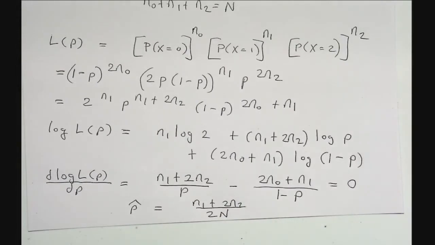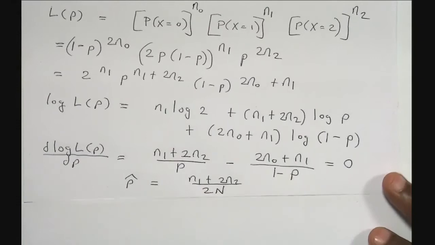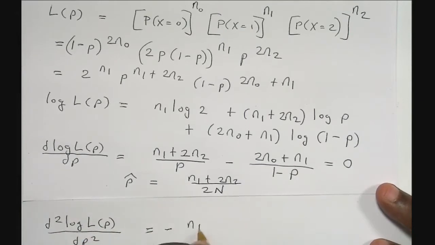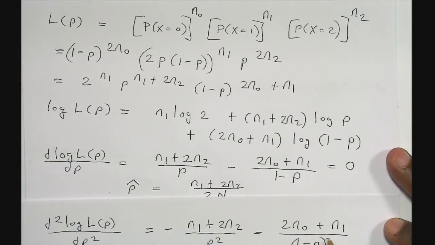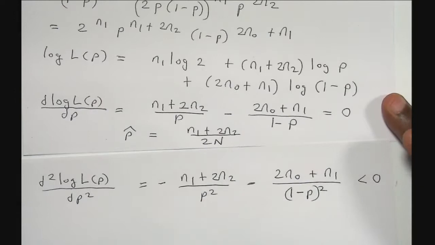Now finally, to make sure that this is an MLE, you know what to do. To make sure that this here is an MLE, you find the second order derivative, which is this, and this is of course less than 0 because you have minus minus, so it must be negative, right?